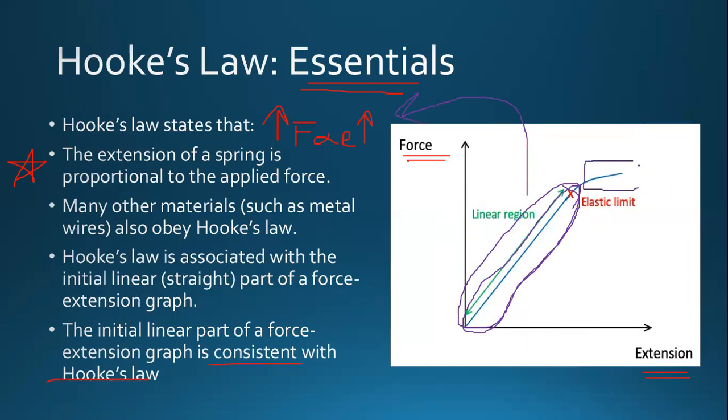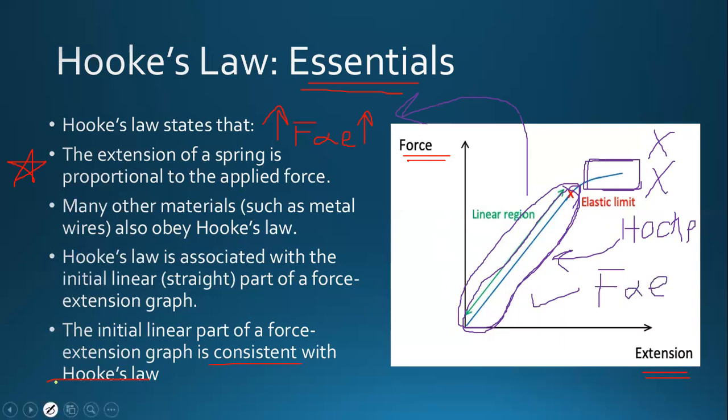This part where the graph bends is not linear and is not obeying Hooke's law. Only the straight line obeys Hooke's law, because Hooke's law states that when you increase the force, extension also increases. And we studied that graphs of directly proportional relations always have a straight line.